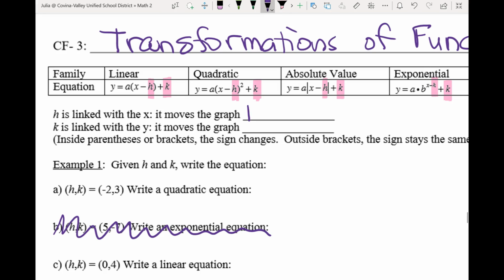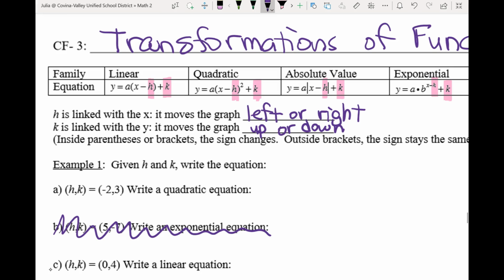It moves the graph left or right. The letter h is going to tell you we're going to start at the parent graph, the 0, and then we're going to move it left or right. The k is linked with the y value, and it's going to make your graph move up or down, depending on if you find it to be positive or negative.